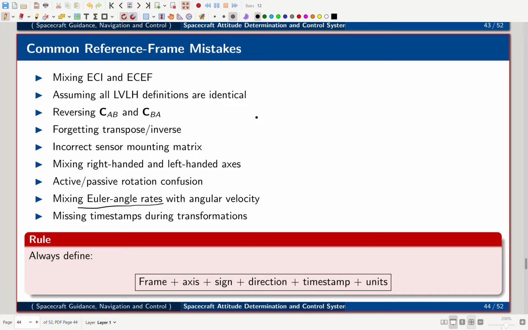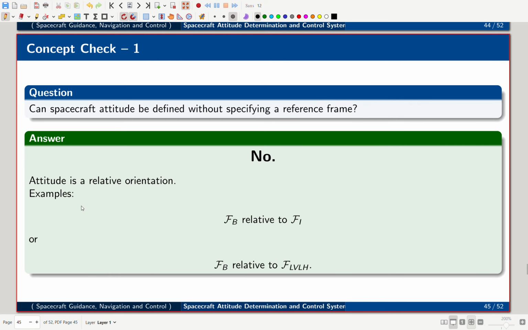We will explain this also, no worries. And missing time stamps during transformations. So always define frame plus axis plus sign plus direction plus time stamps and units.